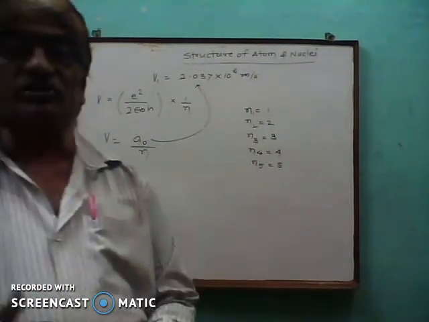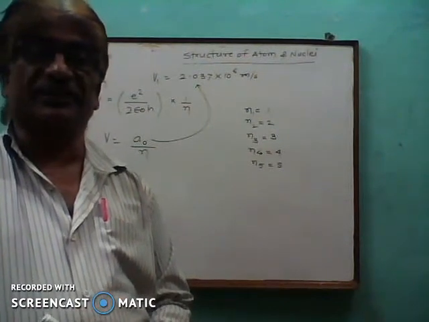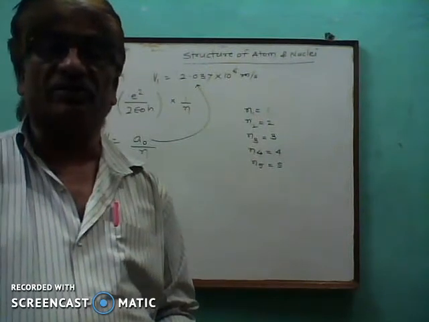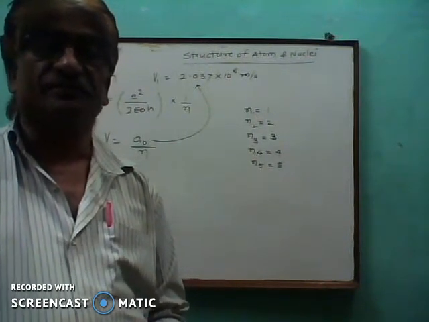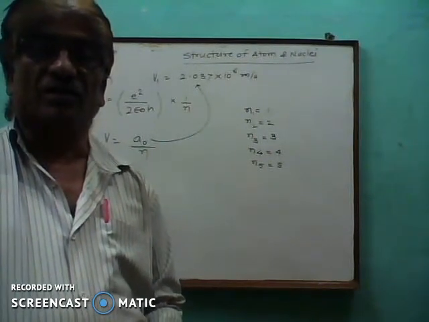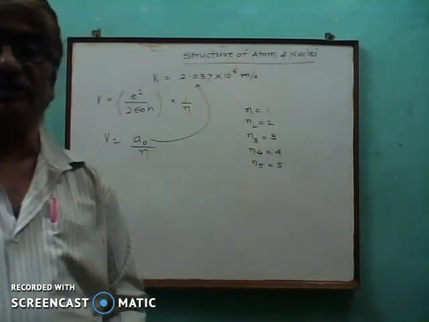If we write a question like: find the velocity of the electron in the second orbit of Bohr's theory of hydrogen atom.